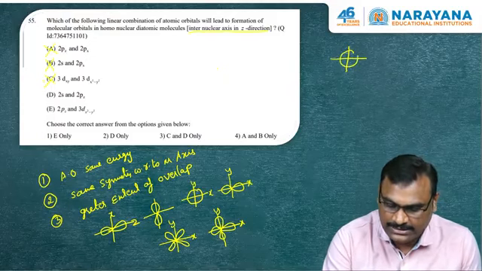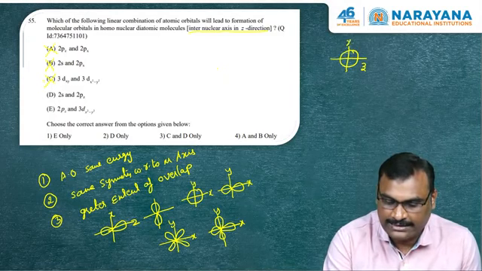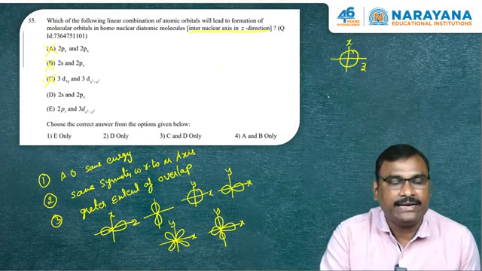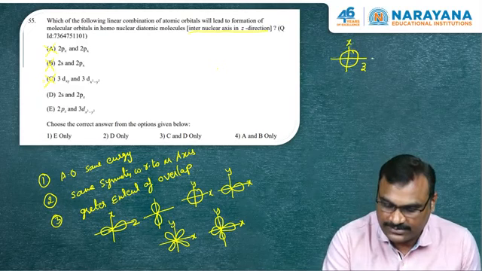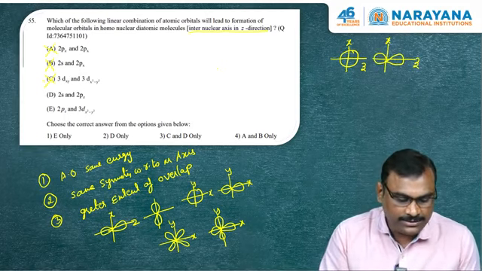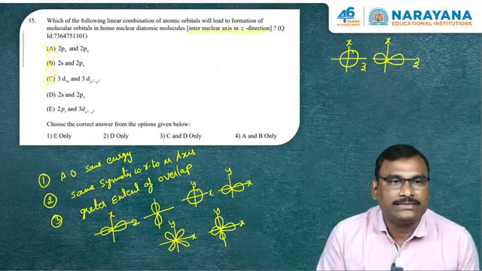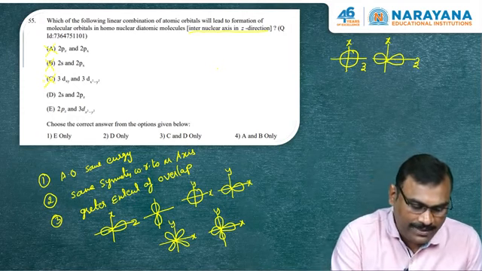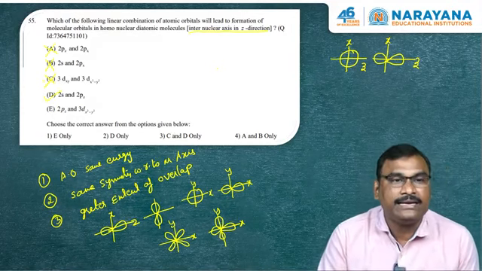You see, students, 2s, let us consider this as the z axis and this as the x axis, and the perpendicular one should be the y axis. Now 2pz, let us say, on the z axis and x axis. Yes, this 2s and 2pz have the chance to overlap, that is, combining capacity.